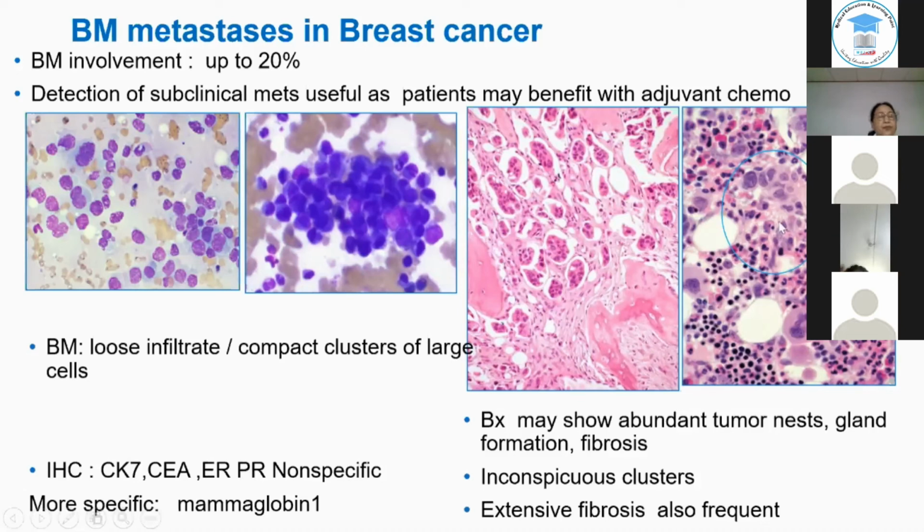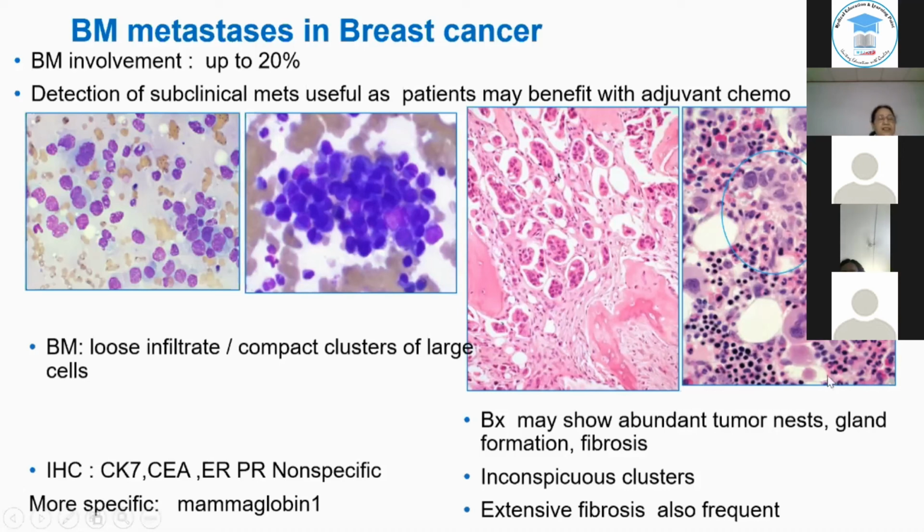Here comes the role of the IHC, because it is usually very difficult to identify these tumor cells, and here you can see the normal hemopoietic elements, megakaryocytes, erythroid cells, and the myeloid cells.